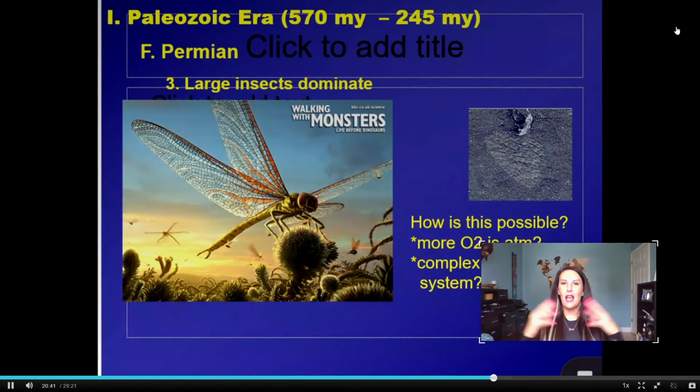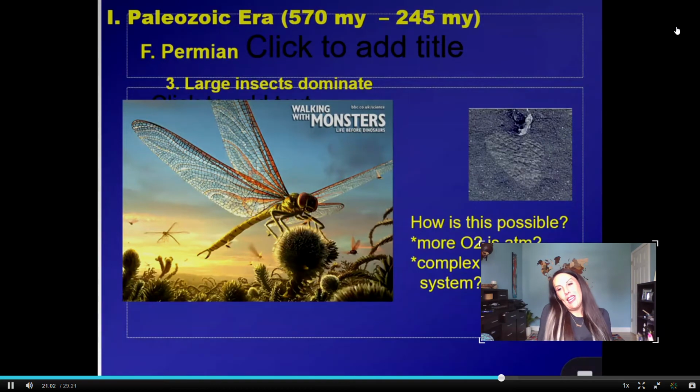We're seeing this crazy advancement, almost similar to the Ediacaran biota, with these bizarre adaptations, because this is the only time we see large insects on the planet, and we don't see them for very long. They're there, but then they're going to go extinct.